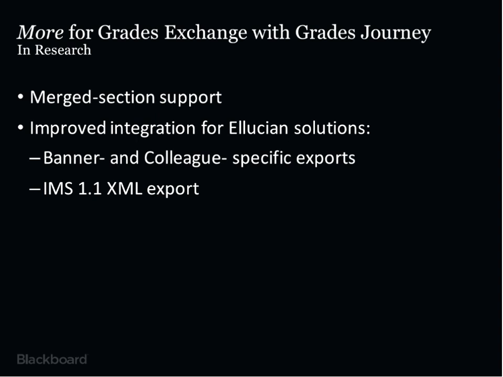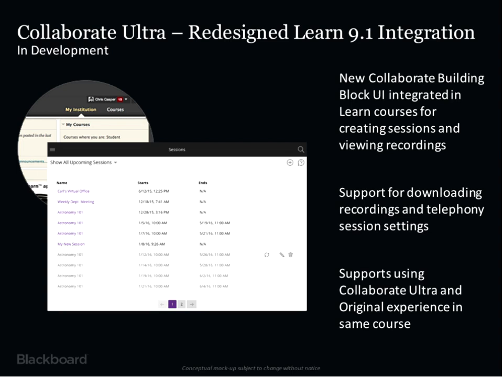Today, if you're using a solution such as Tribal SITS, that works pretty streamlined because it supports the kind of data exchange that we're supporting with Grades Journey, whereas Banner and Colleague are looking for slightly different formatted files. So there's an extra step essentially involved for those student information systems, and we would like to make that easier for our clients.